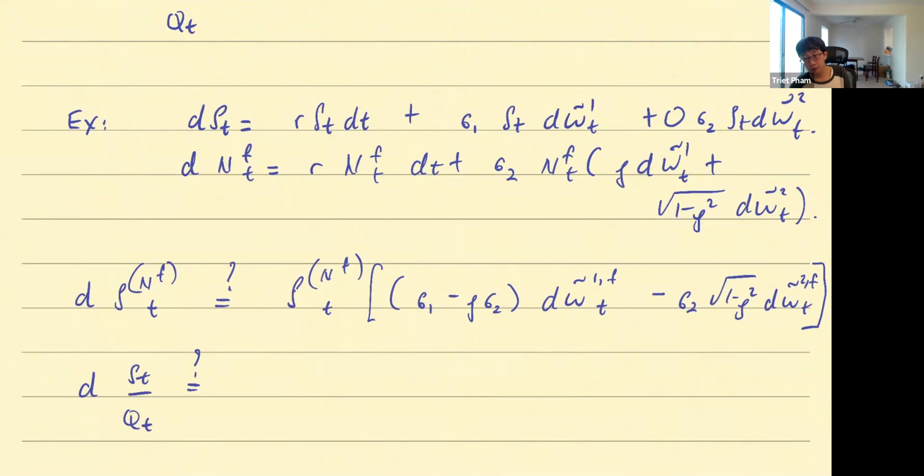If I just divide by the foreign exchange, what is it? How is this different from this?